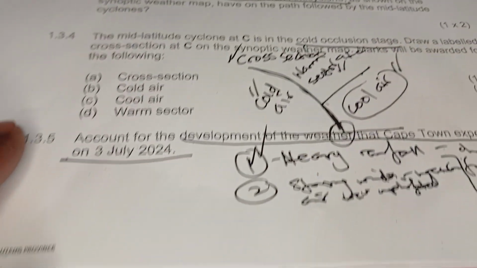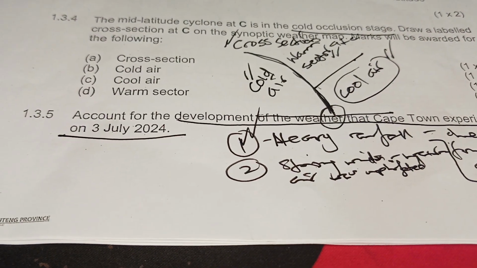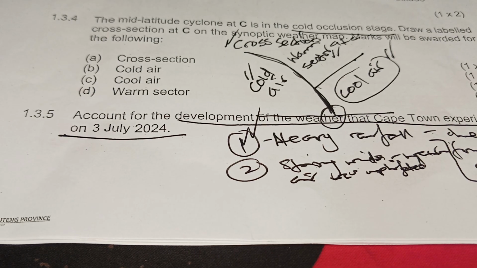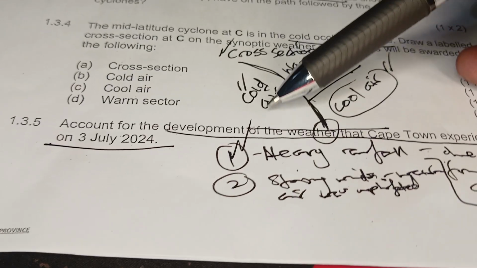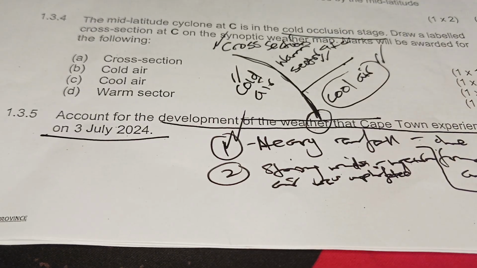So in short, if you're accounting for the development of the weather in Cape Town that was experienced on 3 July, you can talk about the heavy rain. It was caused by the formation of the cumulonimbus clouds. There are strong winds behind the cold front. Those strong winds, what was the impact? Due to the steep pressure gradient, which results in the upliftment of the warm air.